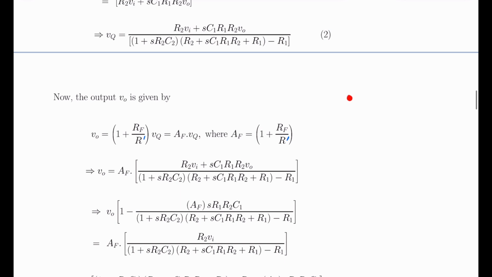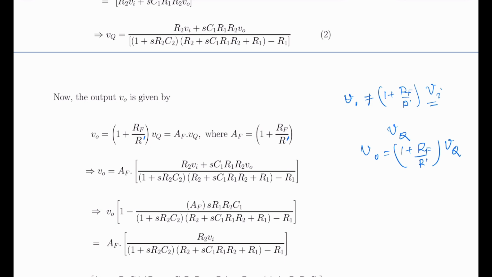Note that V0 is not equal to 1 plus Rf upon R dash into Vi, because Vi is the input signal, but the signal that reaches the non-inverting input of the op-amp is Vq, and therefore V0 has to be equal to 1 plus Rf upon R dash into Vq.